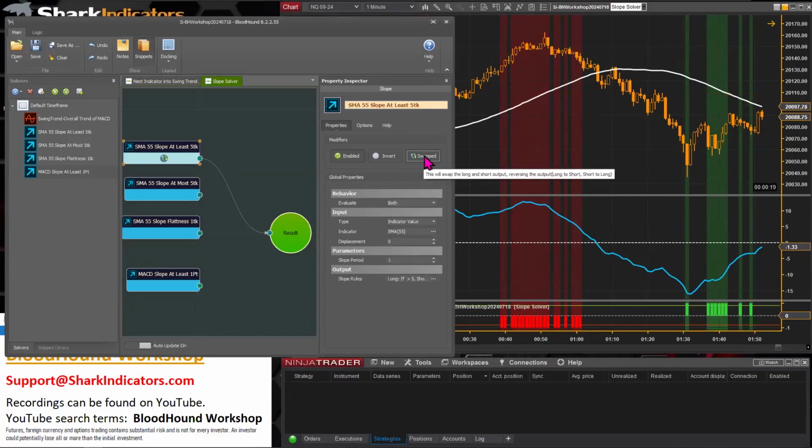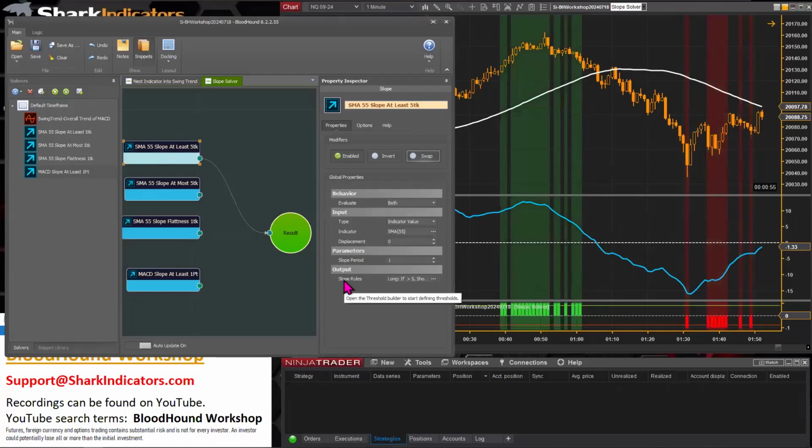That way you can quickly see the opposite result. There are cases where you just want to do something quickly, and that works. That's fine to use.